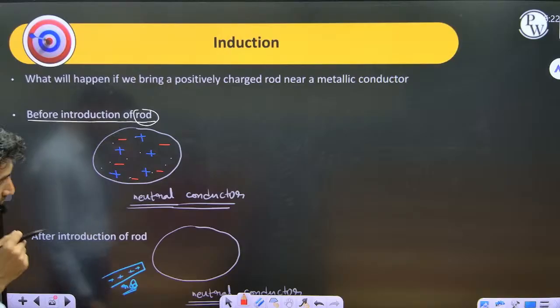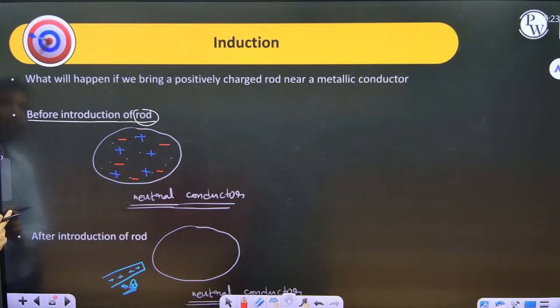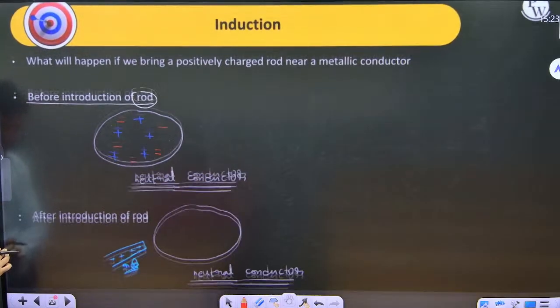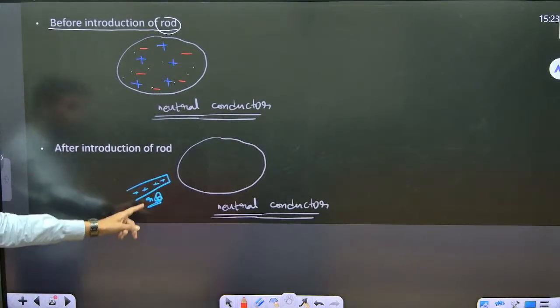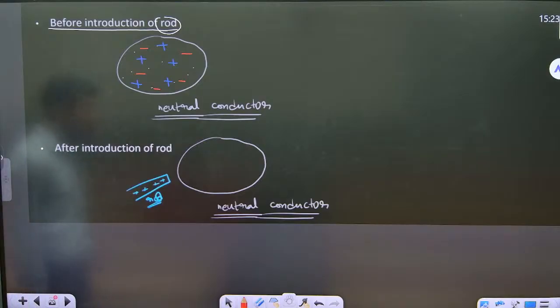Now, what is going to happen if I slowly introduce a rod, and that too a rod having what charge? Positive charge.